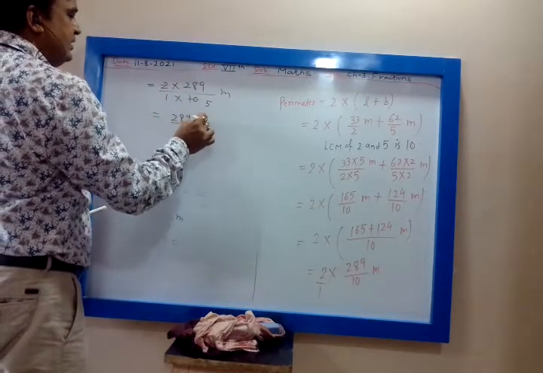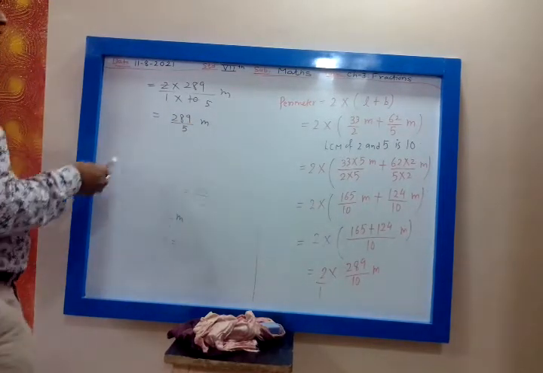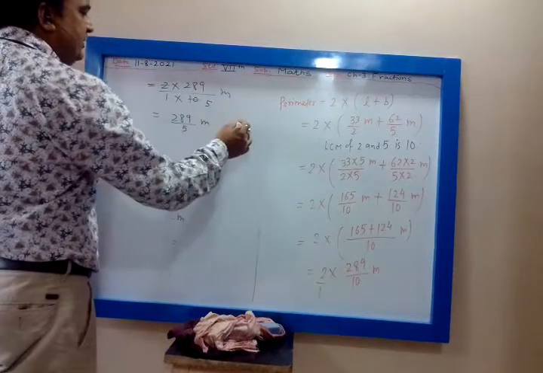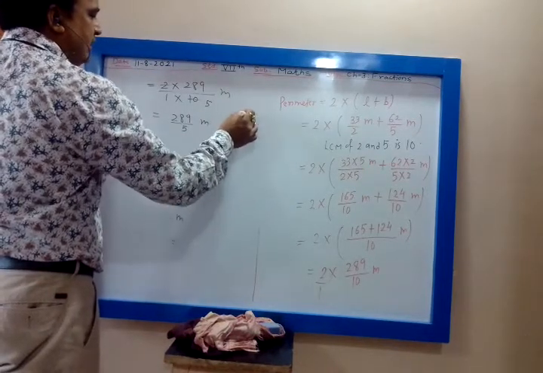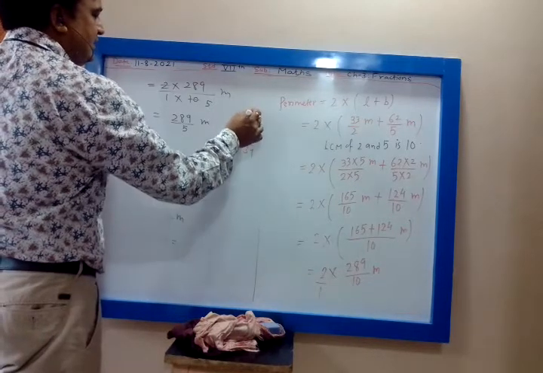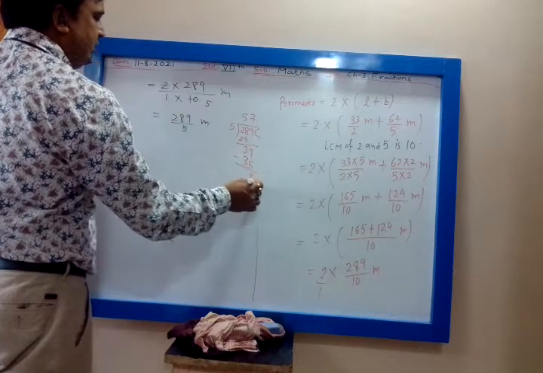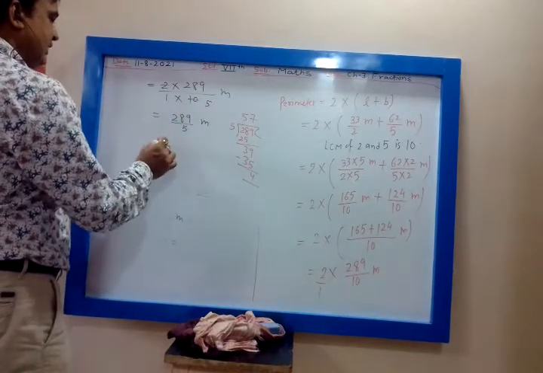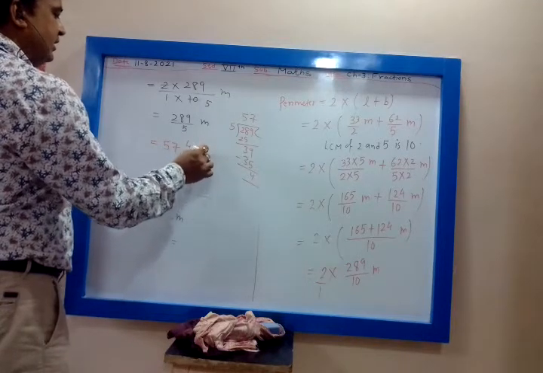But our question is given in the mixed fraction, my dear. So you have to write down the answer in the mixed fraction. So divide 289 by 5. 5 fives are 25, 39. 5 sevens are 35. Then 4 is left. So this I can write 57 and 4 by 5 meter.